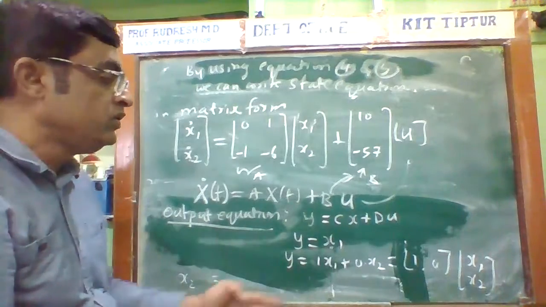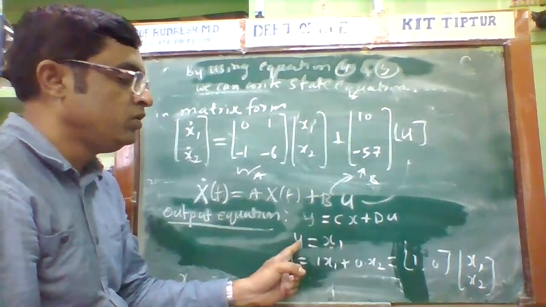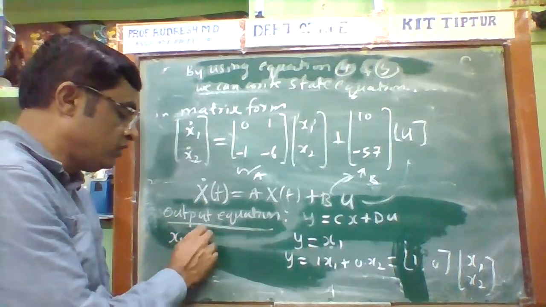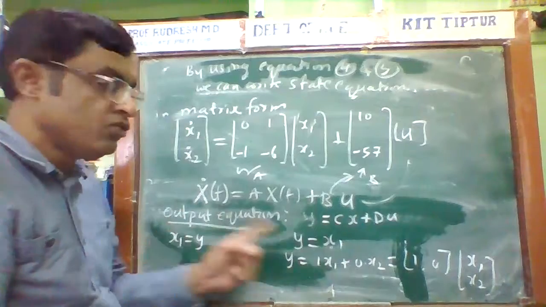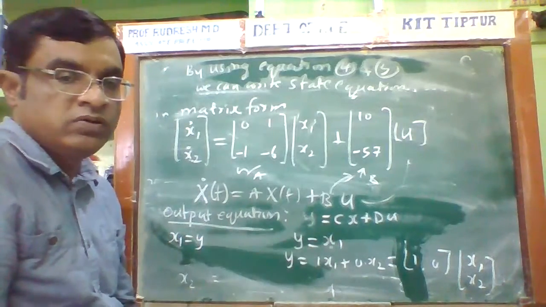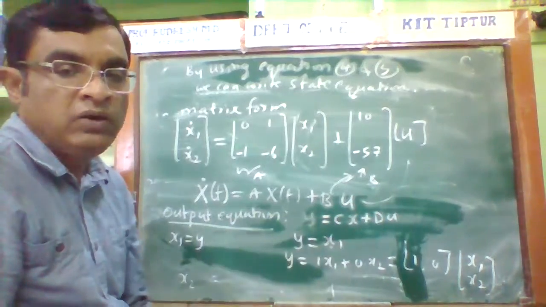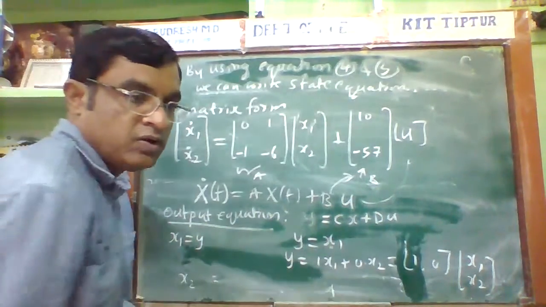Here Du is absent, because I have assumed the state variable x1 is equal to y, so there is no D and u value. This is the output equation in matrix form.